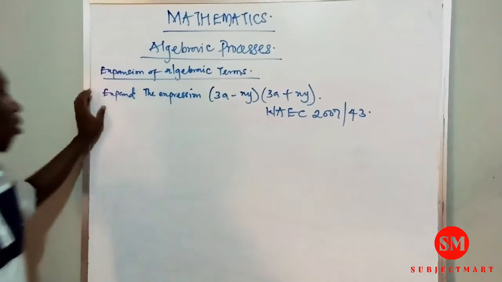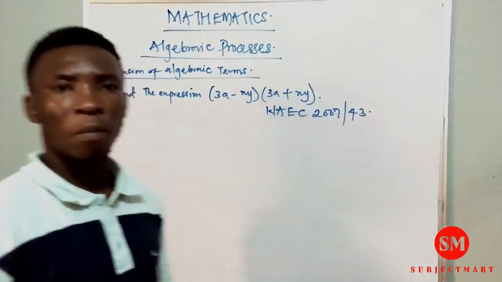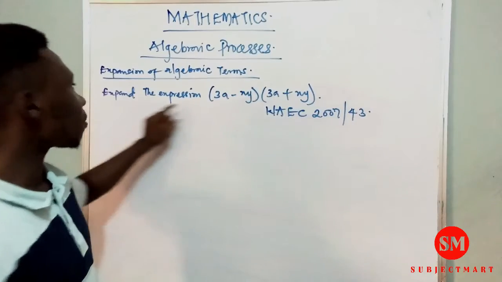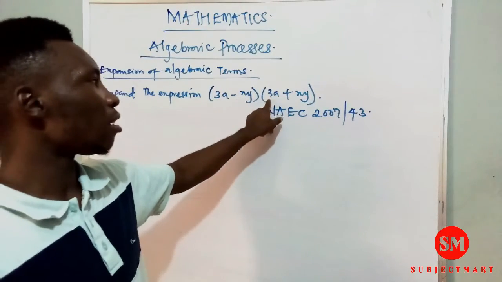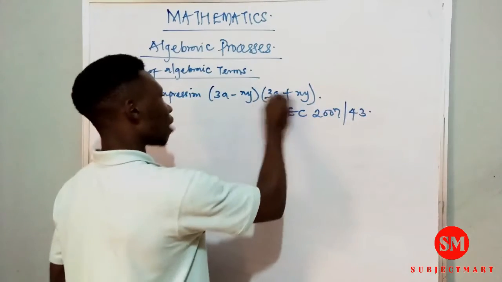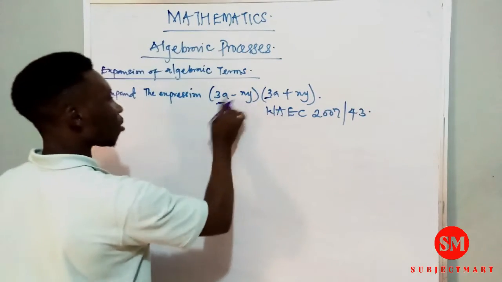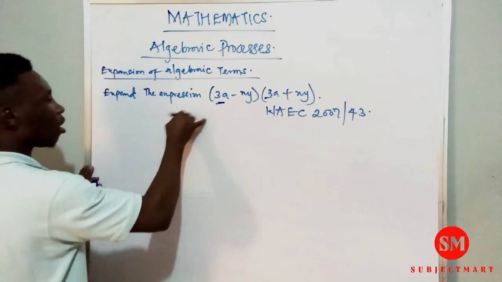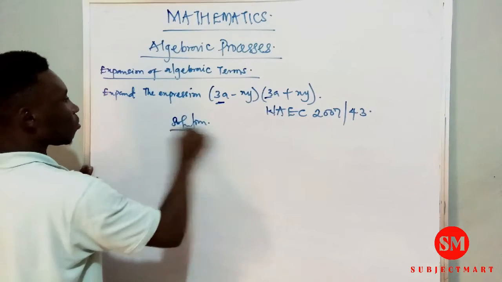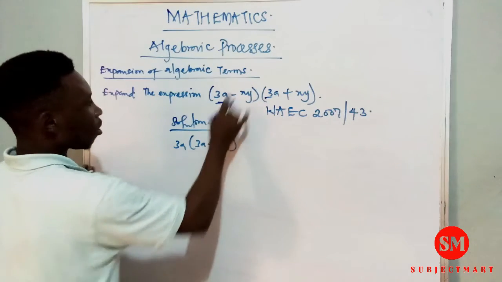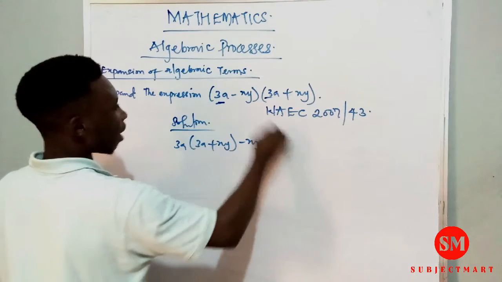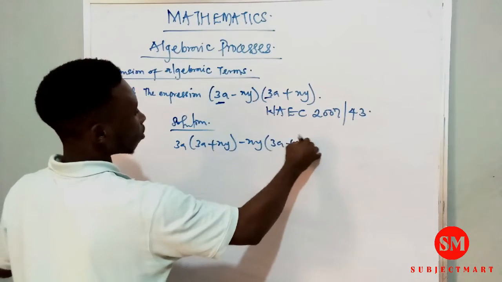Now, look at this question from WAEC 2007, question number 43. The question said, expand the expression 3a minus xy in bracket, 3a plus xy in bracket. So at this junction, you take your 3a to multiply everything through the bracket. So this becomes 3a open bracket 3a plus xy. Using minus xy to multiply everything in the bracket 3a plus xy.